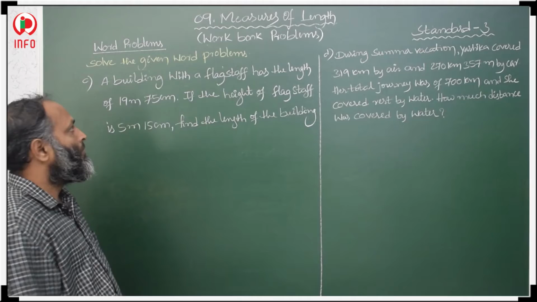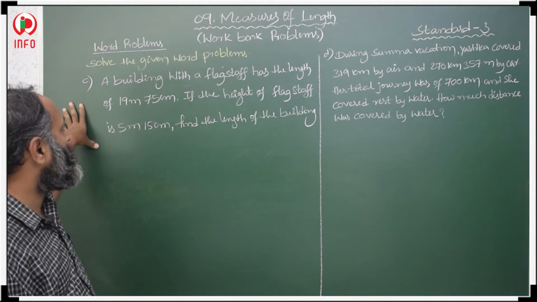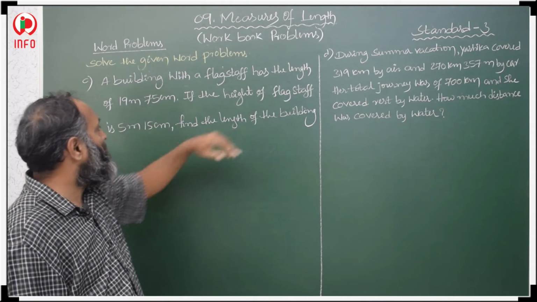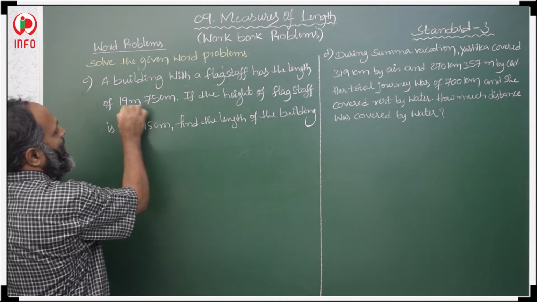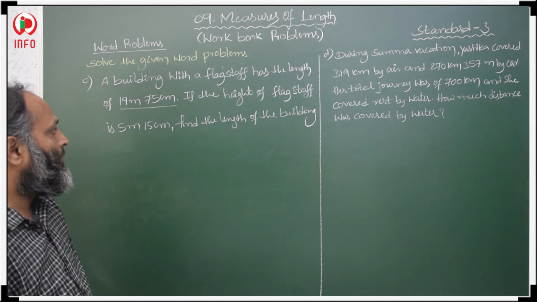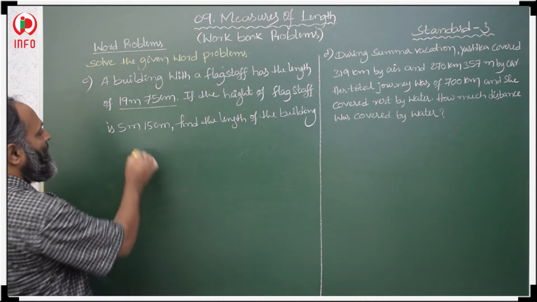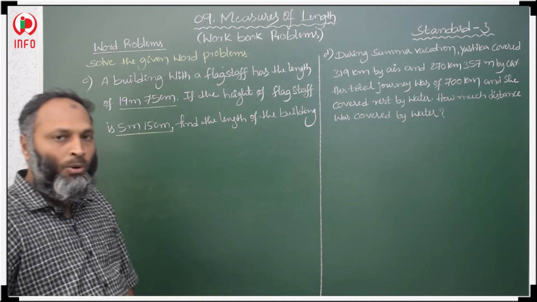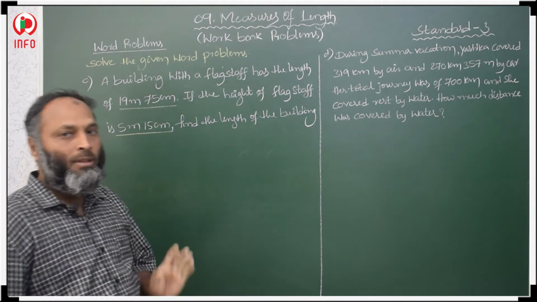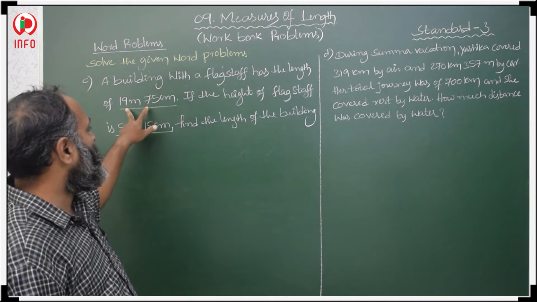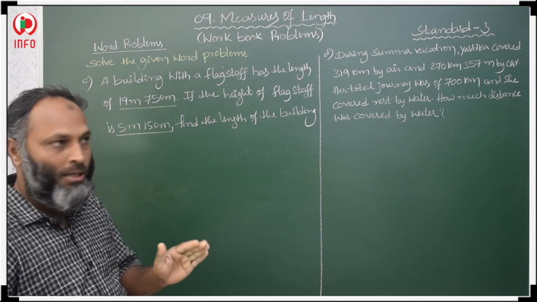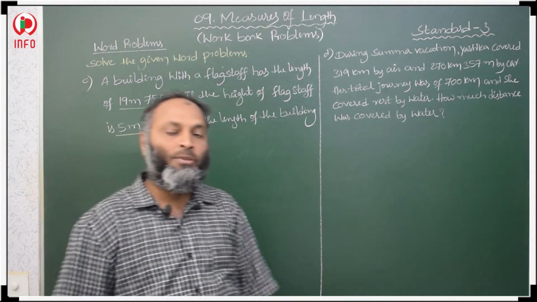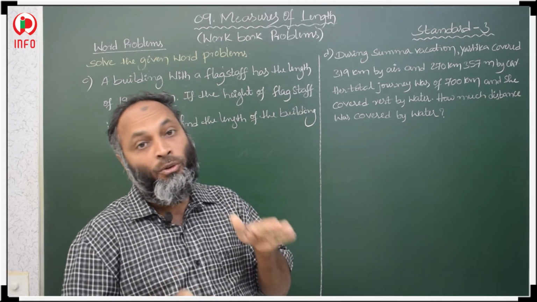Okay. Now, what's the next problem? In this third one, a building with a flagstaff has a length of 19 meters 75 centimeters. If the height of the flagstaff is 5 meters 15 centimeters, find the length of the building.